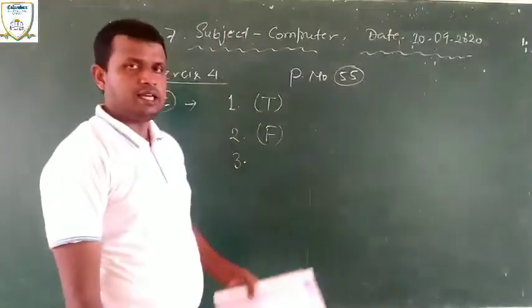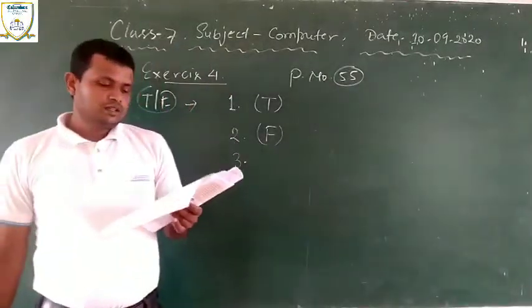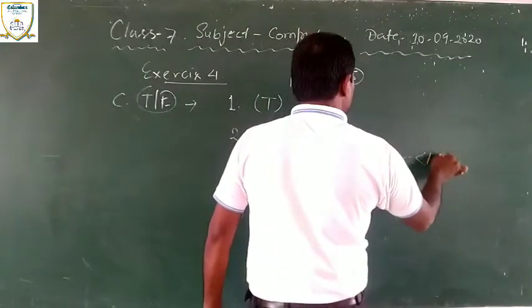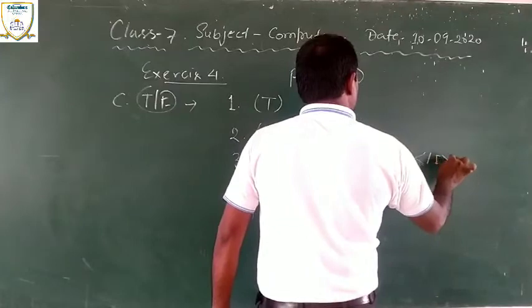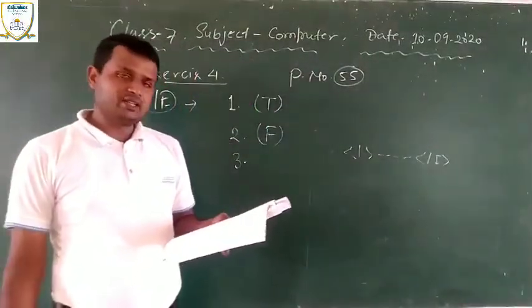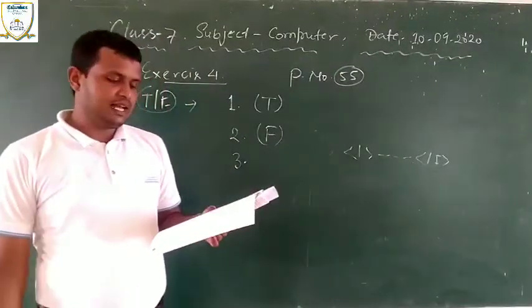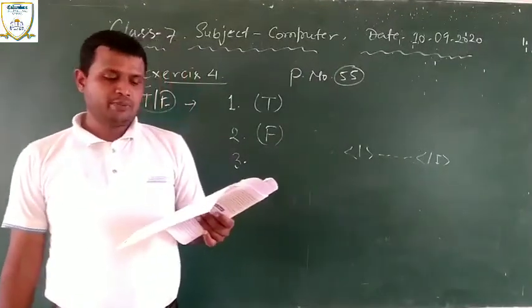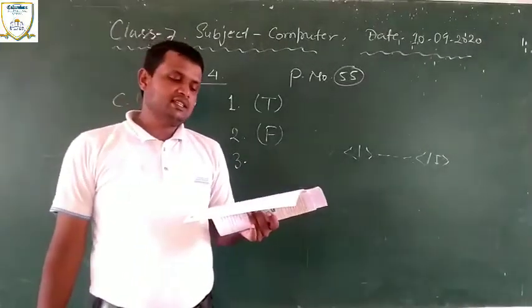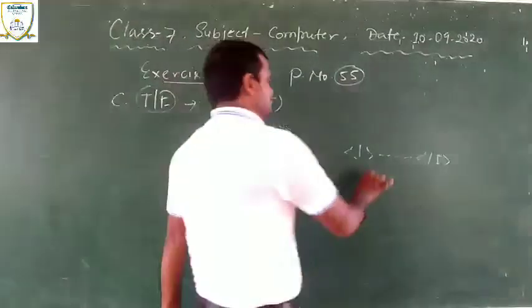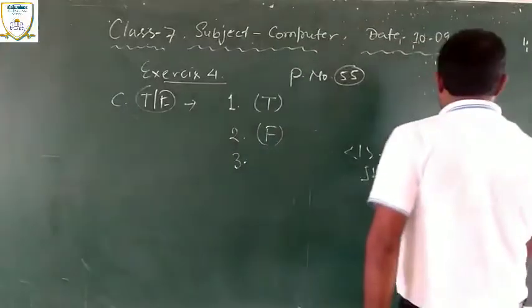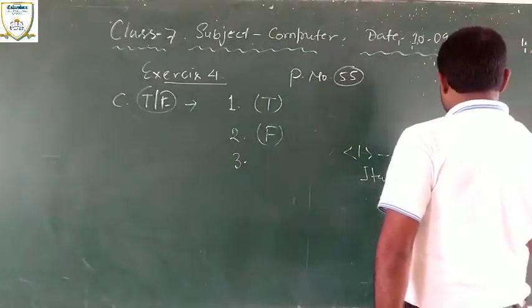Third: the I tag, open and close, displays the text in italic and underline typeface.